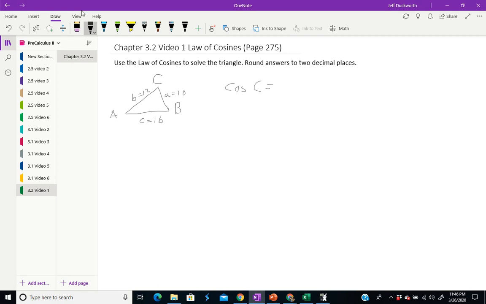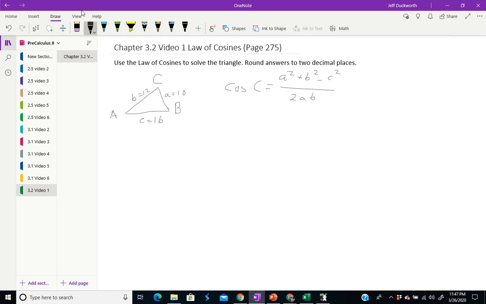We can page back to it, or I'll just write it down again. It'll be a squared plus b squared minus c squared, all over 2ab. So this is the formula we're going to use.